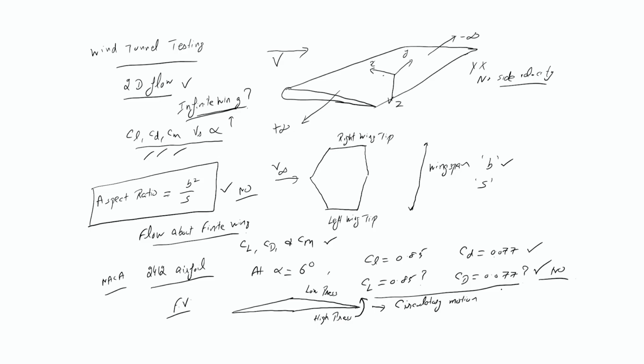This flow establishes a circulatory motion that trails downstream of the wing.